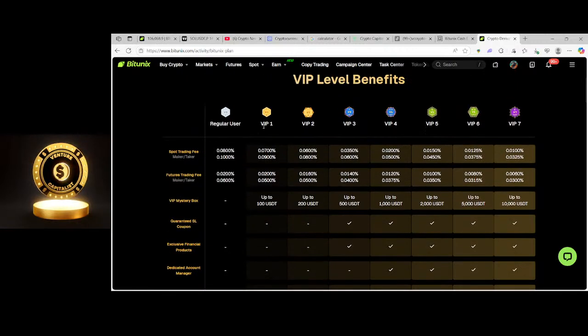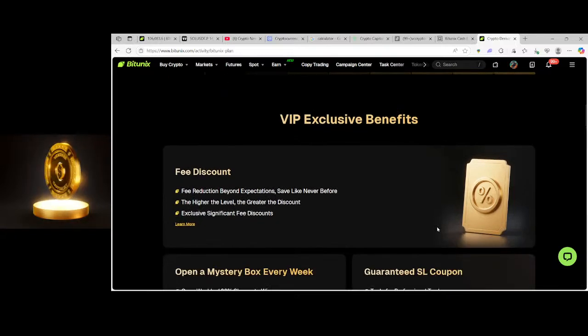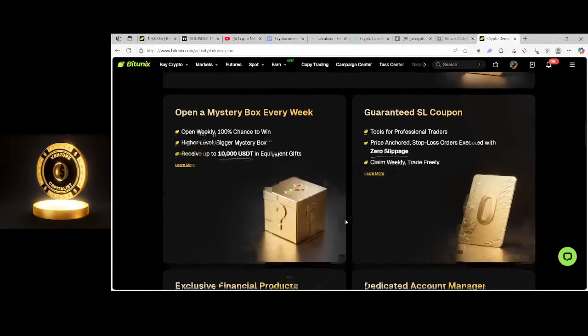They just sent me this. Here's a VIP mystery box up to $100 USDT. I'm normally a VIP 6. So this is my benefits here. I'm normally in VIP 5 and 6, so the mystery box they're giving me is worth 2,000 or 5,000 USDT. Isn't that crazy? That's awesome, Coach. VIP fee reduction beyond expectations, save like never before. Higher level, greater discount, one mystery box every week, open weekly, 100%. Now see, that's what I'm talking about.